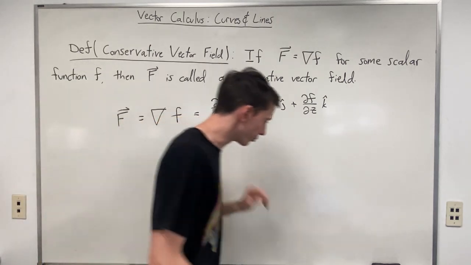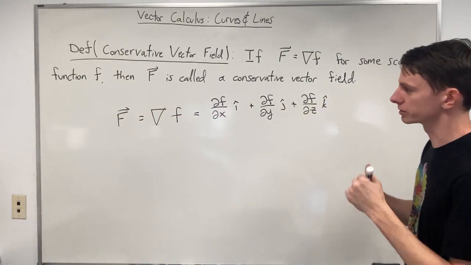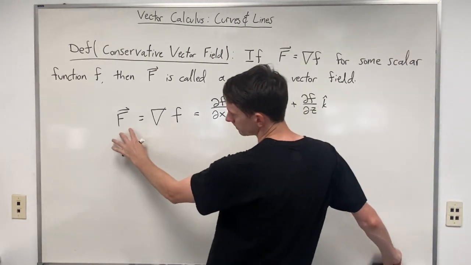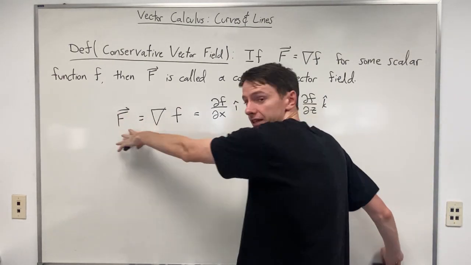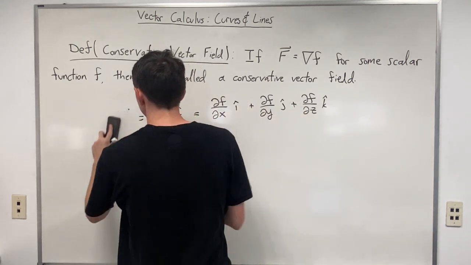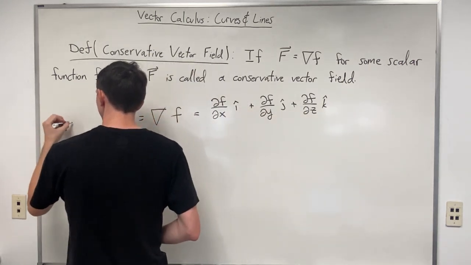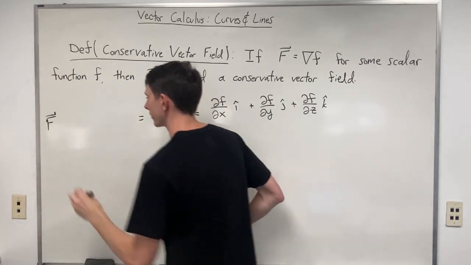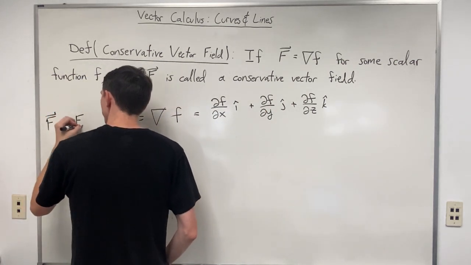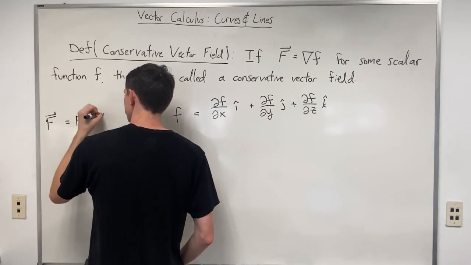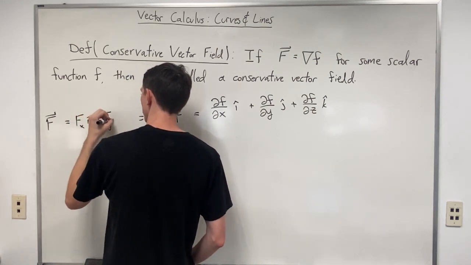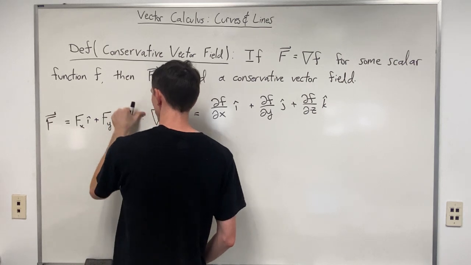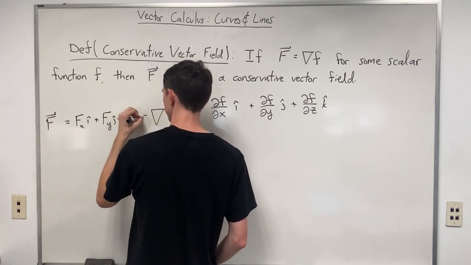Okay, and the basic idea is that you can more or less just match up vector components. So rather than writing just the vector uppercase F like this, I'm going to rewrite it. I'll write the uppercase vector F over here, and we can say that it has an x component along the i hat, plus a y component along the j hat, and a z component along the k hat direction.